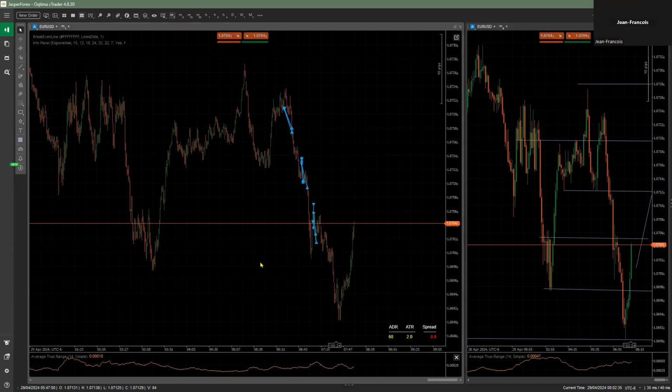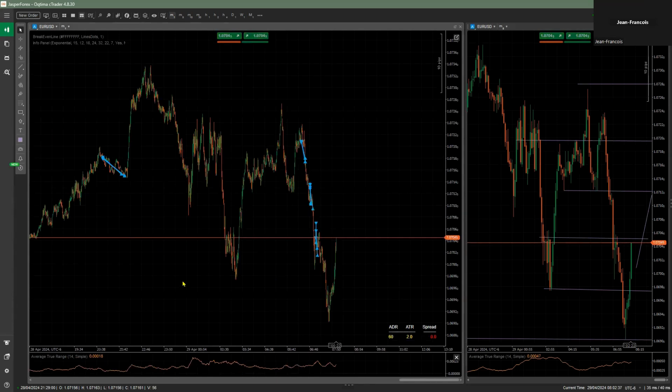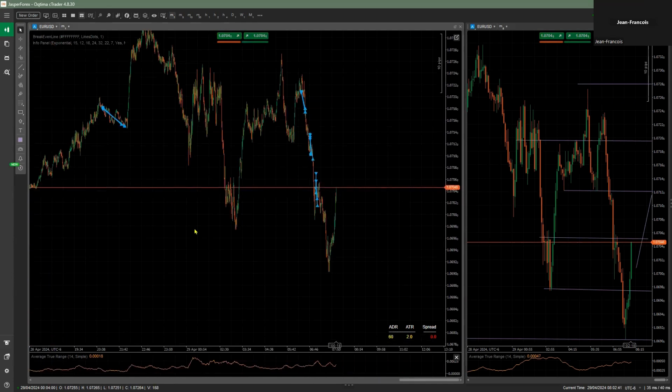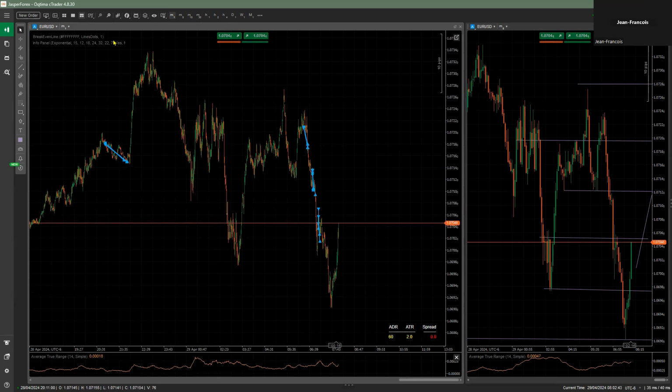So if we go and pick up a box, I think I have to redraw. Yeah, I have to redraw a box. I deleted all the objects. Sorry. Let's see if we can get that.